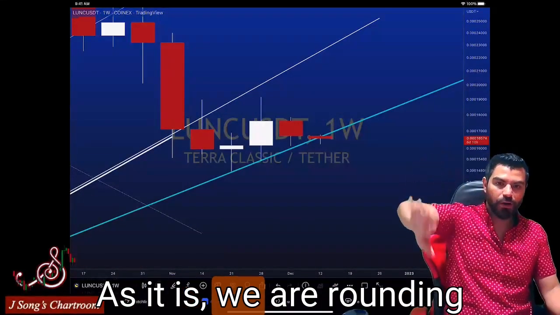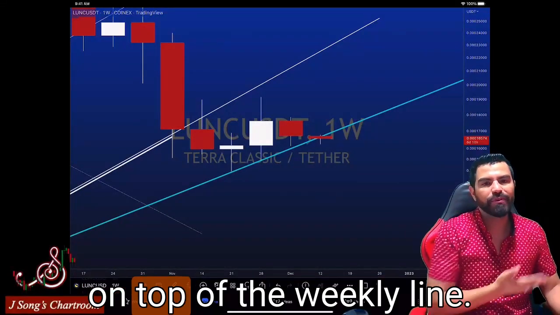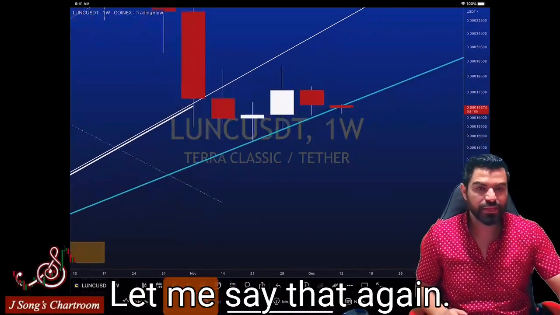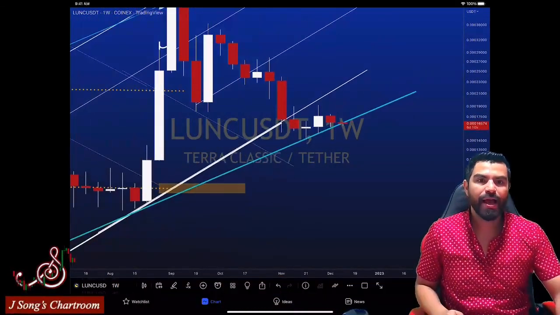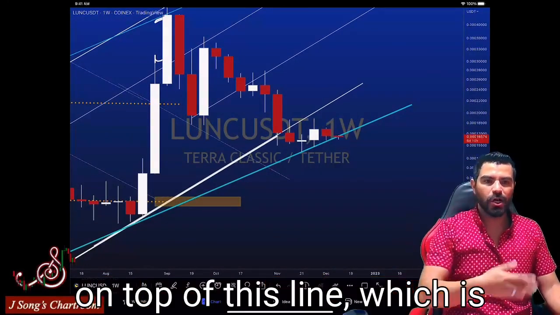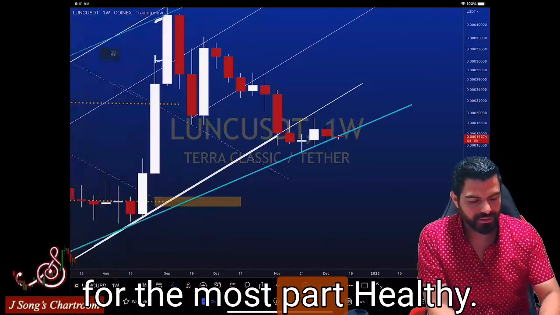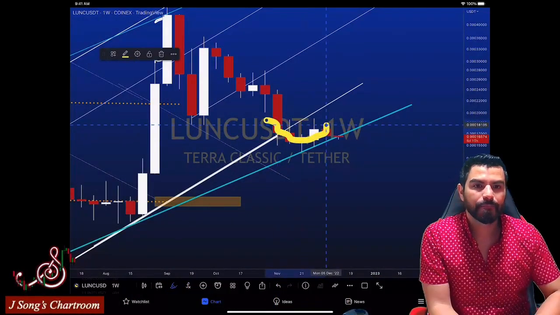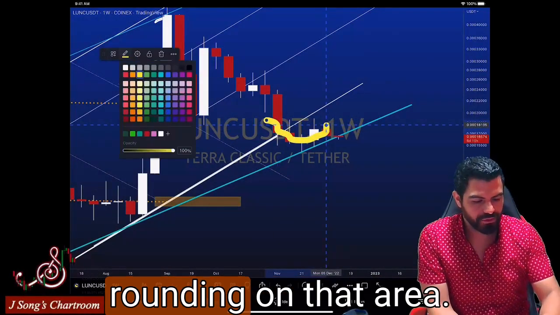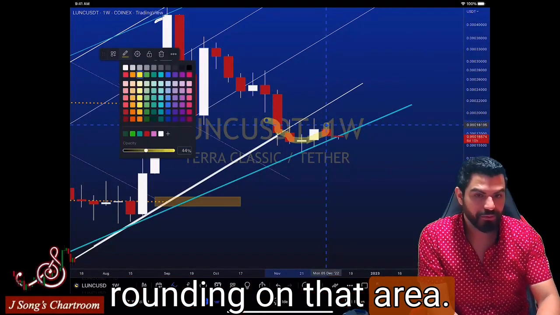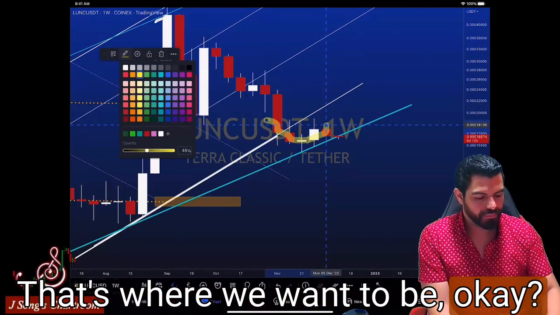As it is, we are rounding on top of this line, which is, for the most part, healthy. We want to be rounding on that area. That's where we want to be, okay?